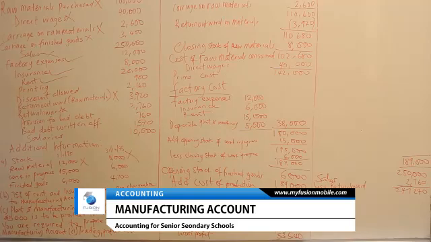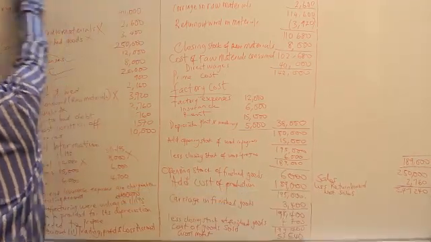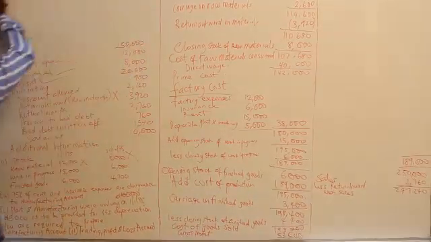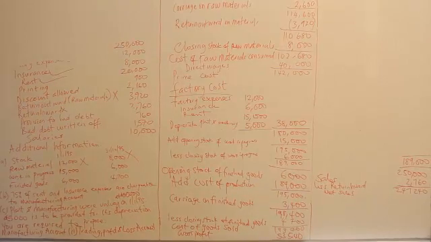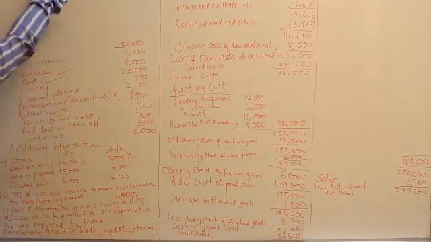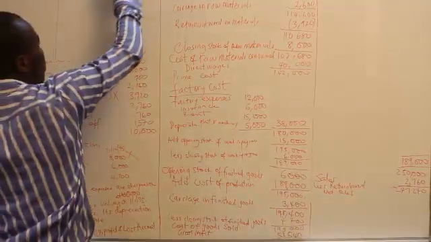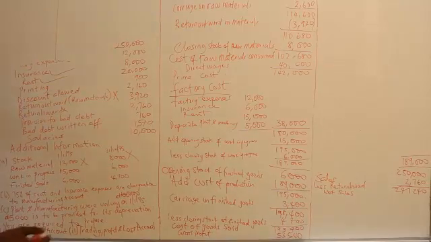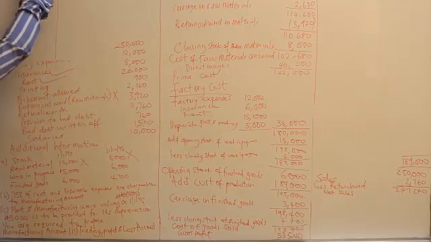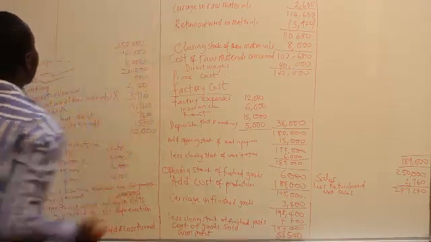Now is the profit and loss account. So we have the total 247,240, the balance account.